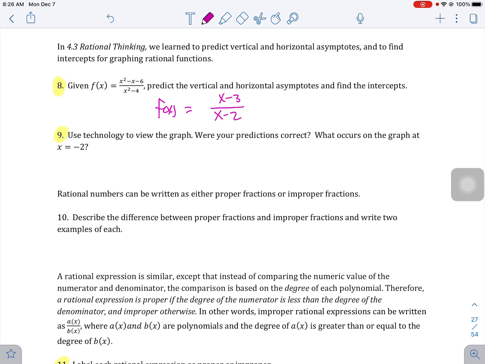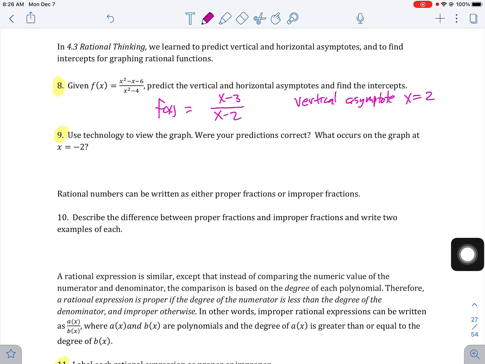Now, looking at this, x minus 3 over x minus 2, you would say, oh, there's a vertical asymptote at x equals 2 because the function is undefined if you're dividing by 0, right?